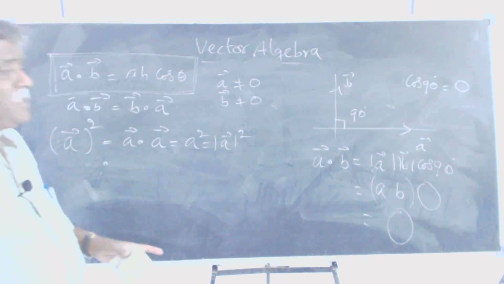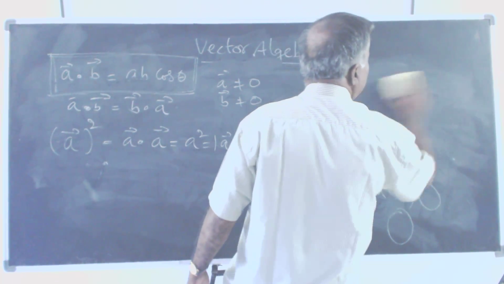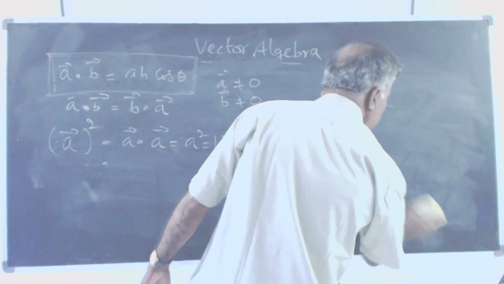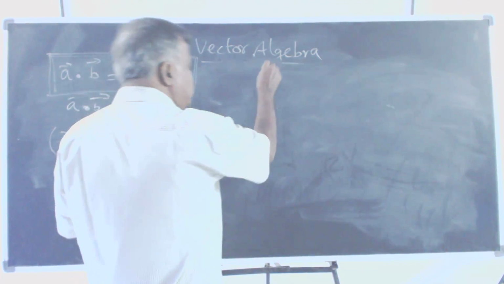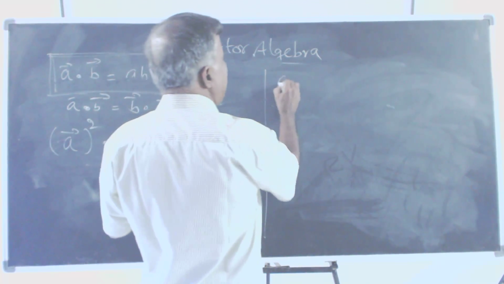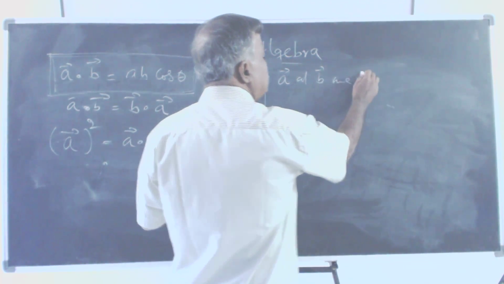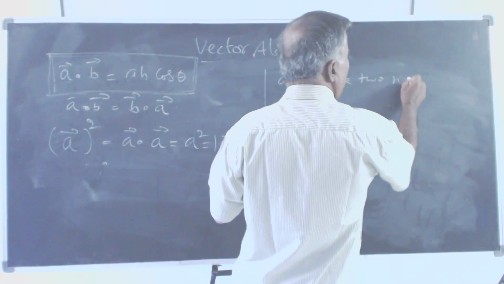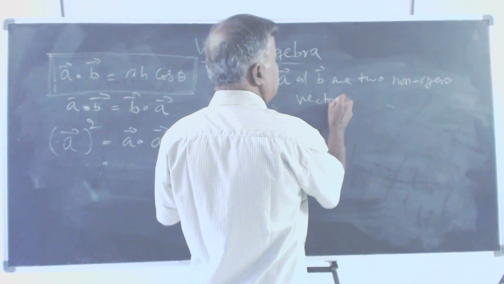So A dot B equal to 0 is the condition for two non-zero vectors to be perpendicular. One thing, please, very important thing here, A vector and B vector are two non-zero vectors.